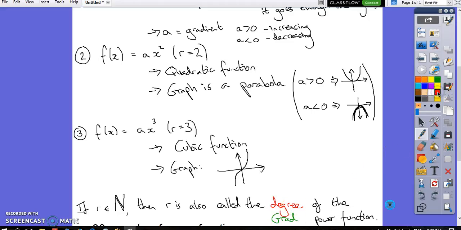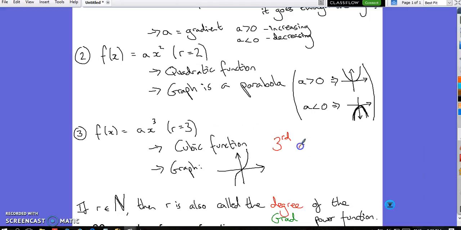So we can say that this is a 3rd degree power function, because we have r being equal to 3. This one here is a 2nd degree power function.